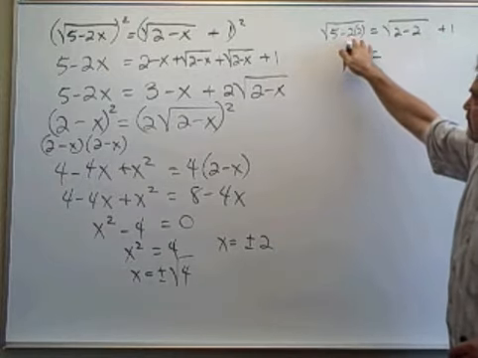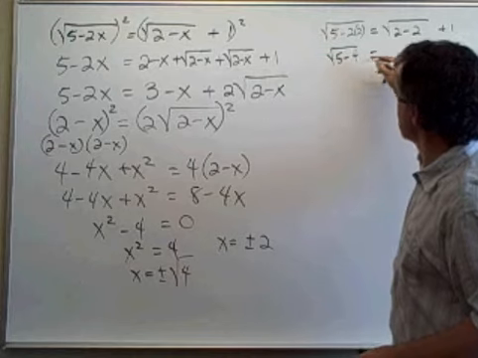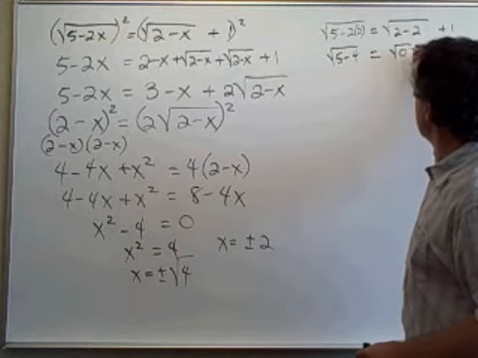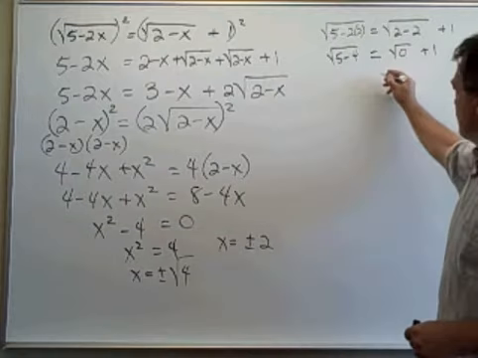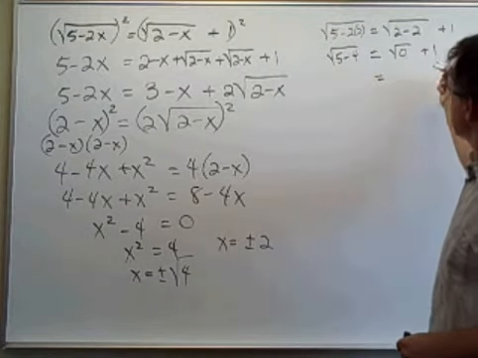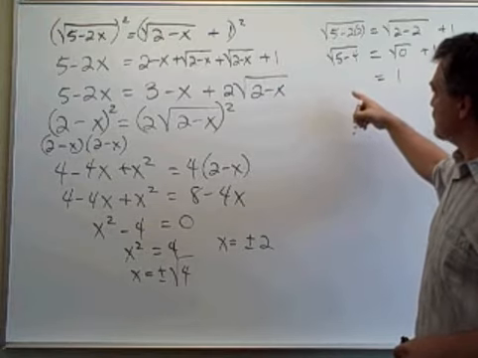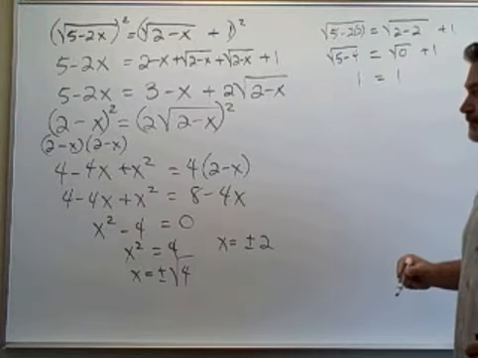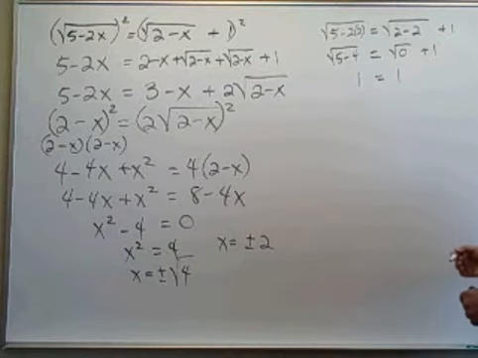Well, 2 times 2 is 4, so this is the square root of 5 minus 4. It's supposed to be equal to the square root of 0 plus 1. Well, the square root of 0 is 0, so that's just going to be 1 on that side. 5 minus 4 is 1, square root of 1 is 1. So x being 2 is a legitimate solution.